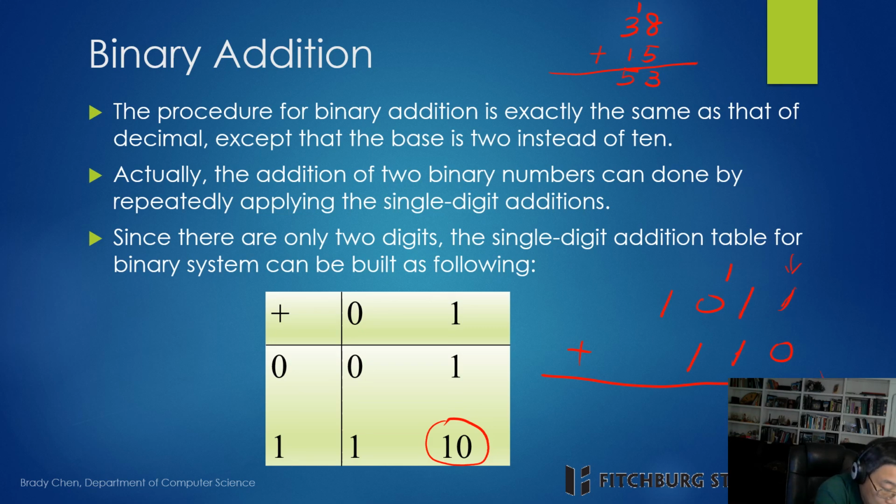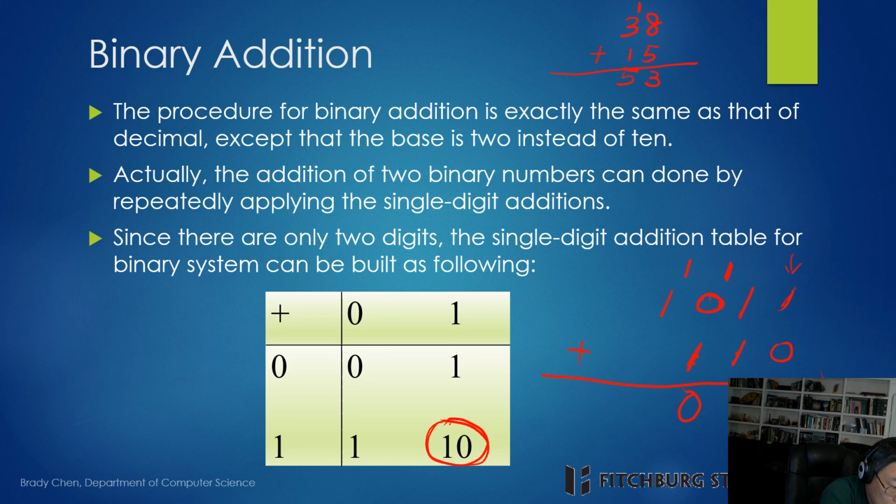Then look at the fourth position. It's 0 plus 1, so you got a 1. But remember, you have a 1 carried over from the previous position. So 0 plus 1 is 1, then plus another 1, so you got 2. Again, it's 1, 0. So we put 0 here and carry a 1 to the next position.